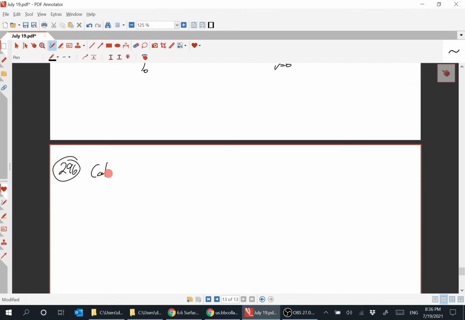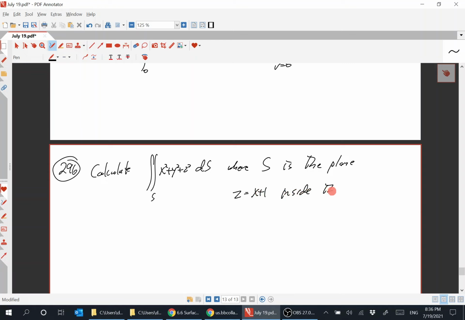So calculate the scalar surface integral where S is the plane z equals x plus 1 inside the cylinder x squared plus y squared equals 1.